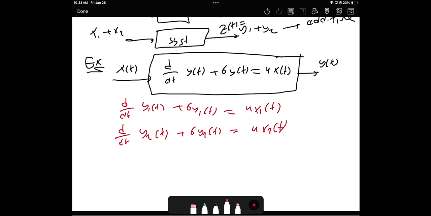Now let's do their sum. Sum of them together.